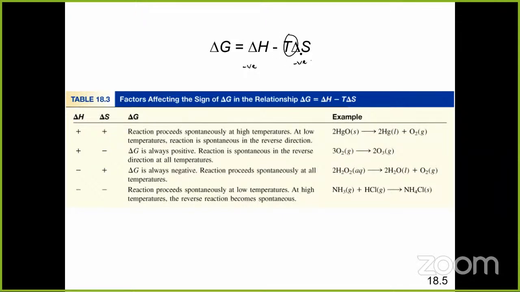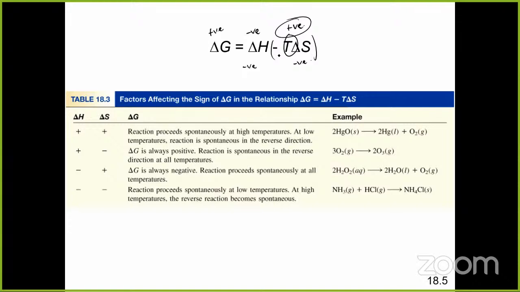If the temperature is high, that means that, well, firstly, this negative sign here will make this part positive and this part negative. So if the temperature is high, that means that this would be of a higher value compared to this, which means that delta G would be positive, right? So basically, the reaction will not be spontaneous under high temperature conditions.